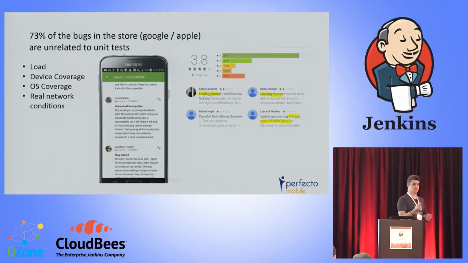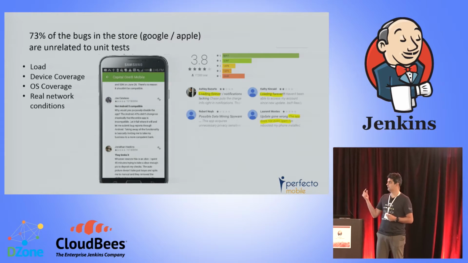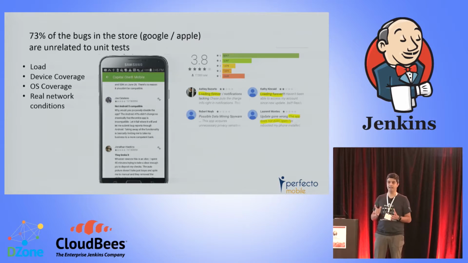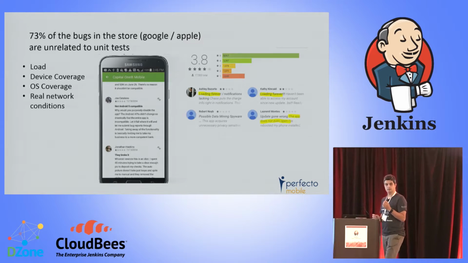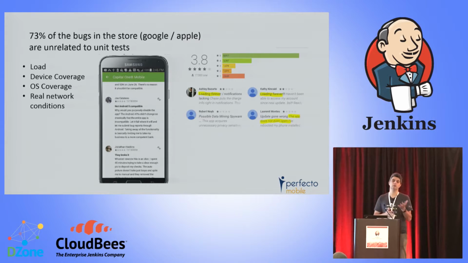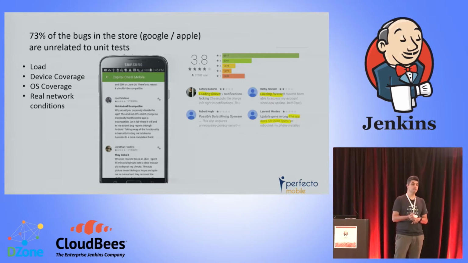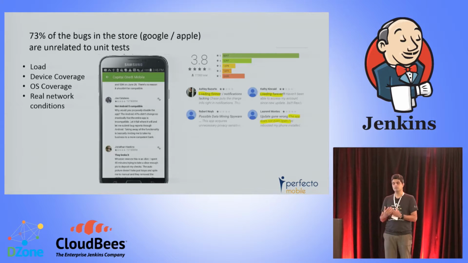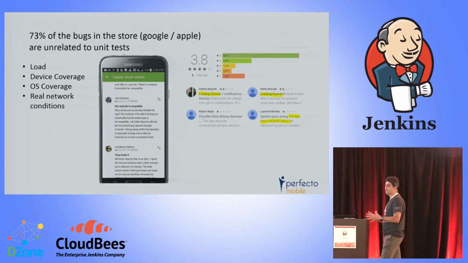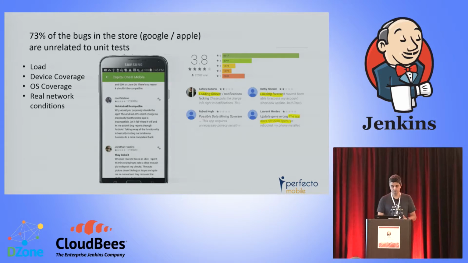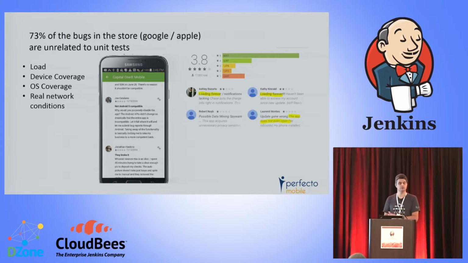Because 70% of all the errors that we are seeing in the store, Google and Apple, are related to other tests not covered by the unit test, like load, device coverage, OS coverage, and real network conditions. So this is why we understand that this theory is good for almost 4 stars, but not good enough.